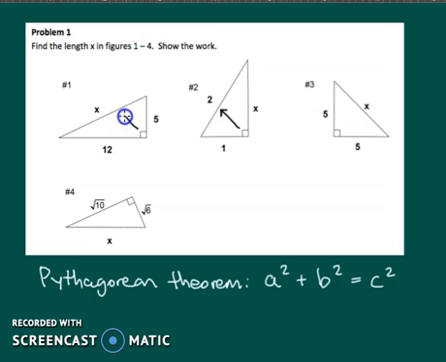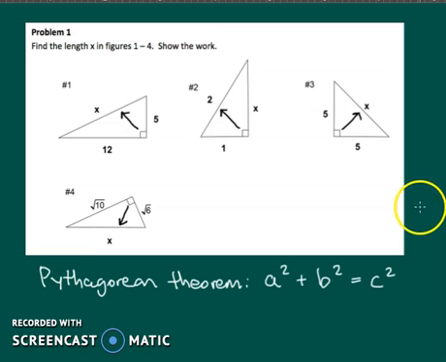Even sometimes if the triangle is upside down or facing a weird way, or some of the side lengths are really similar, you can always just check which side is opposite the right angle, and that makes it really easy to see which one is the hypotenuse.